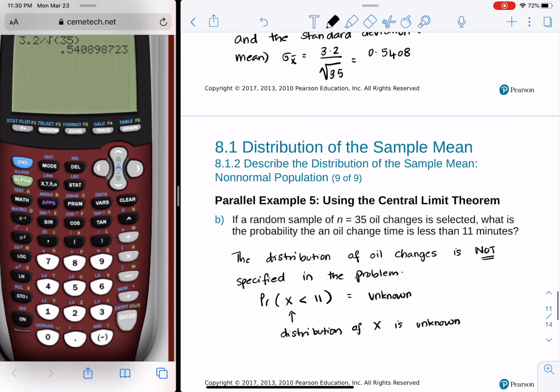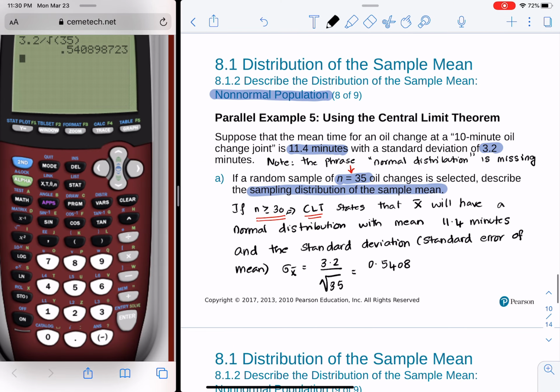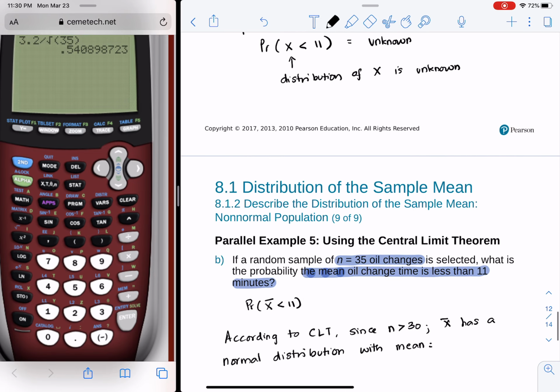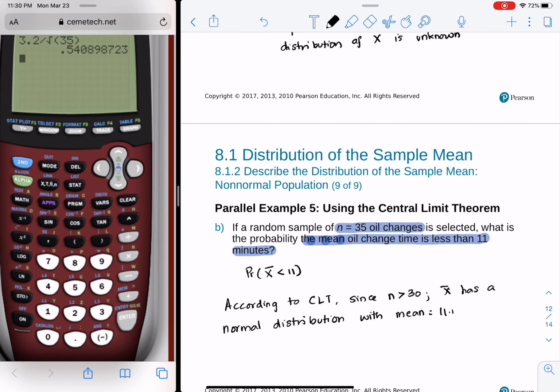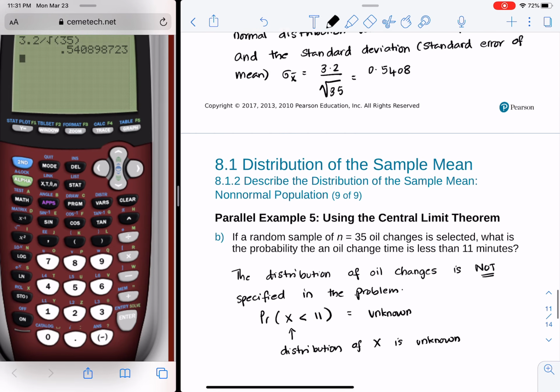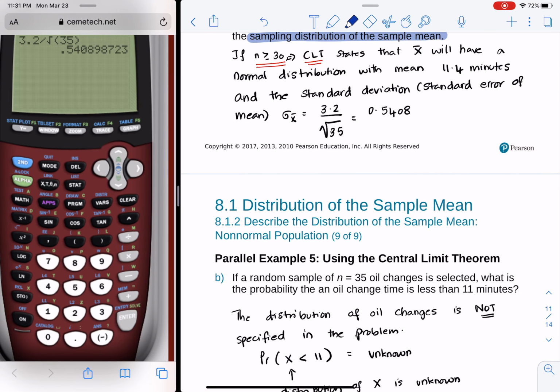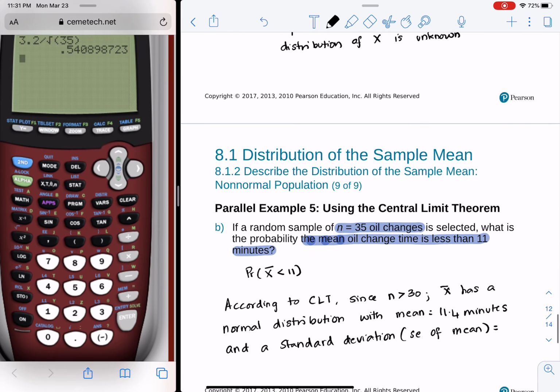The mean doesn't change, and that mean here is 11.4 minutes. And a standard deviation, which in this case is the standard error of mean. And that value is what we found over here, which is the standard deviation divided by the square root of the sample size. We got 0.5408.